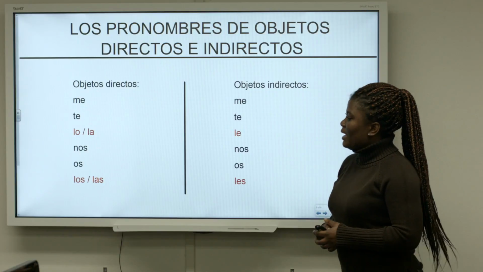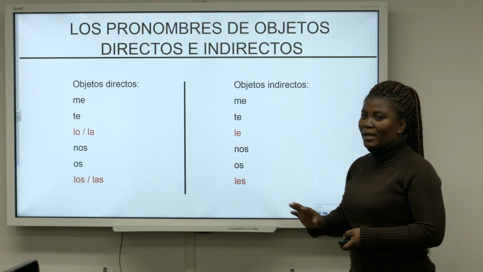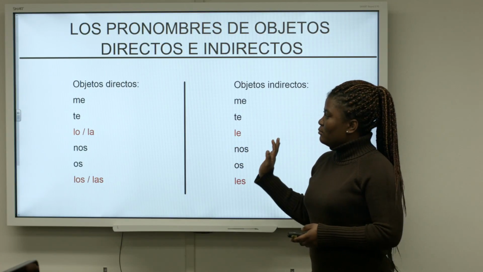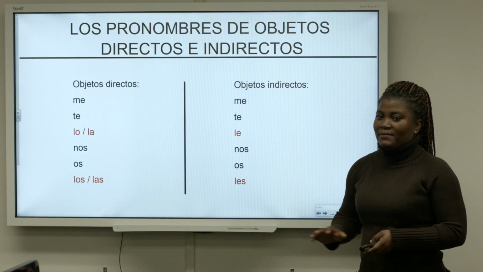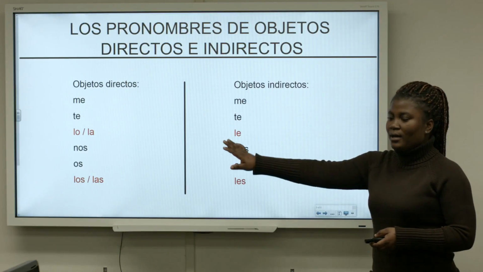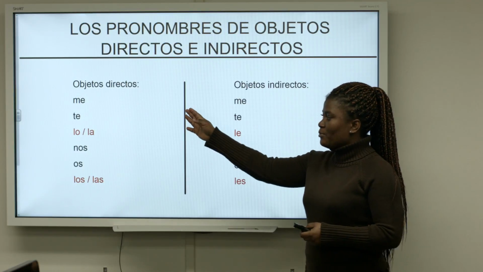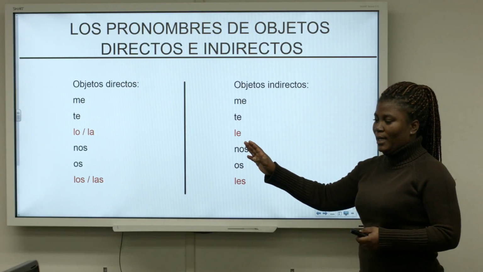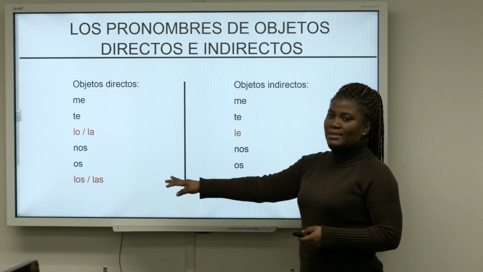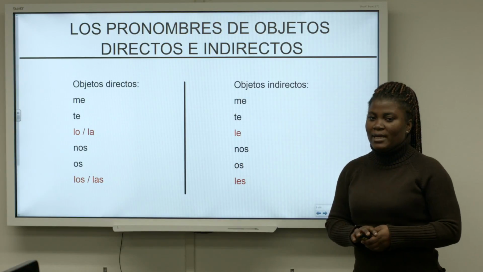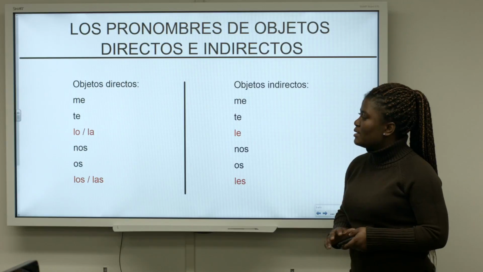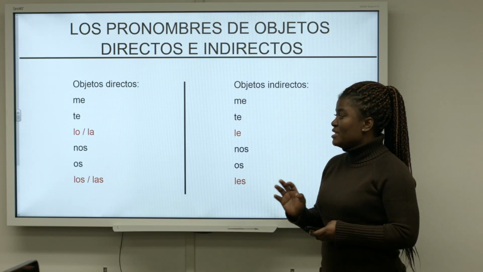First, we have a quick recap of object pronouns. We have the direct object pronouns on the far corner, and then the indirect object pronouns. For the direct, we have me, te, lo, la, nos, os, los, las. Lo is for masculine singular objects, and la for feminine singular objects.